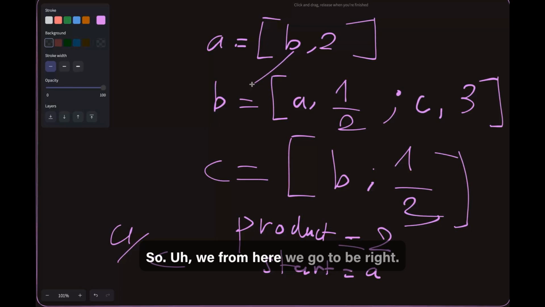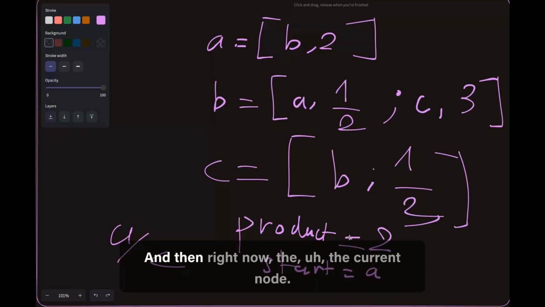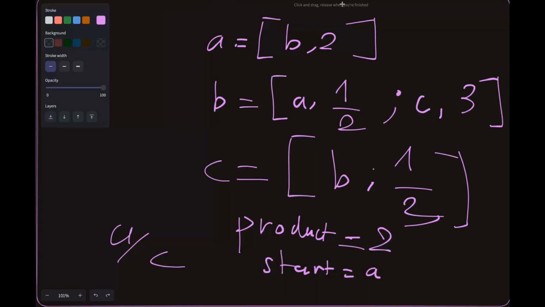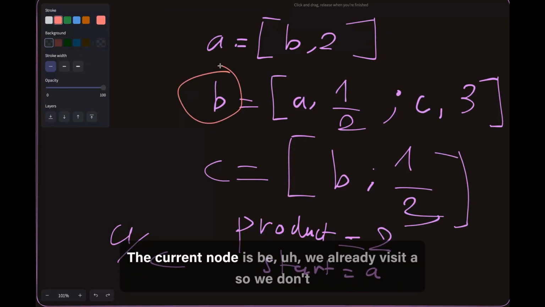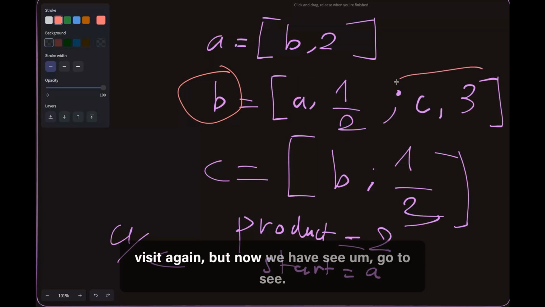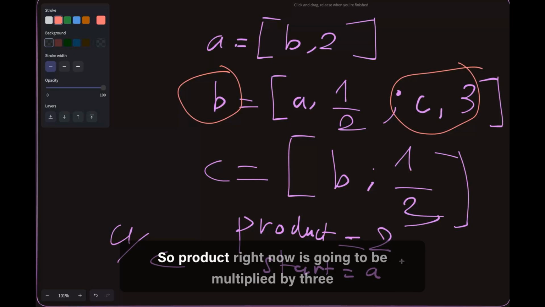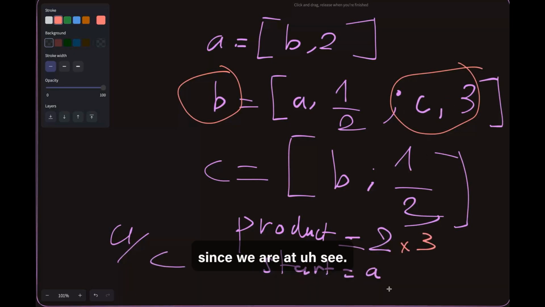From here we go to b, and right now the current node is b. We already visited a, so we don't visit it again, but now we have c. Go to c. The product right now is going to be multiplied by 3 since we are at c.